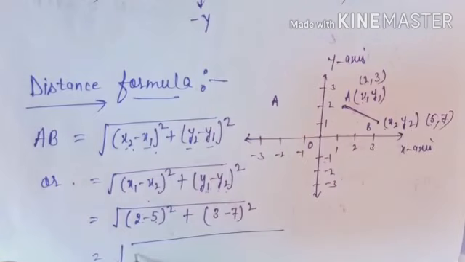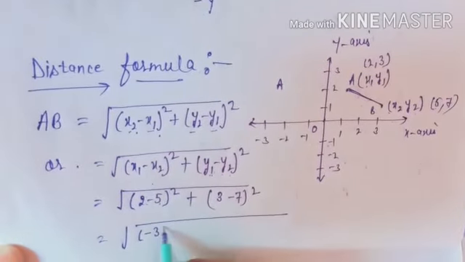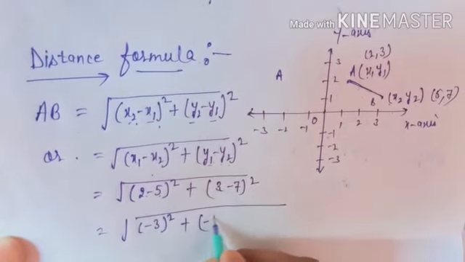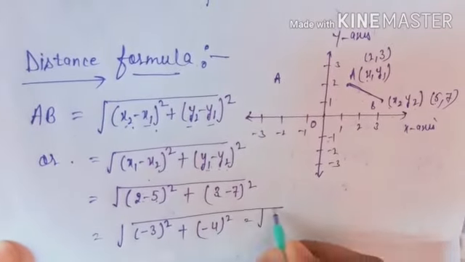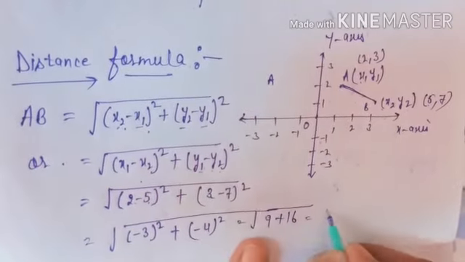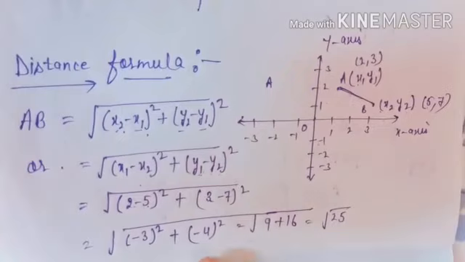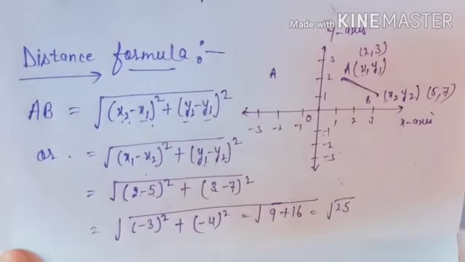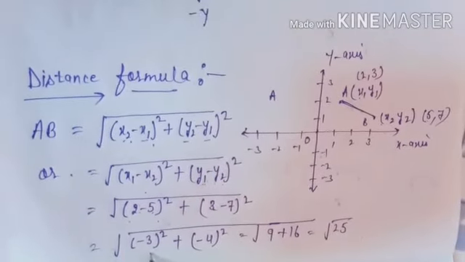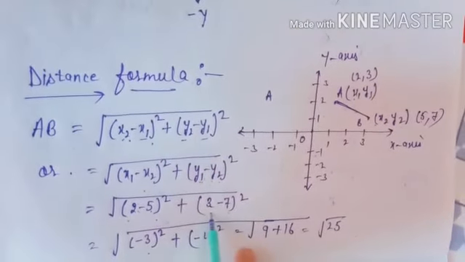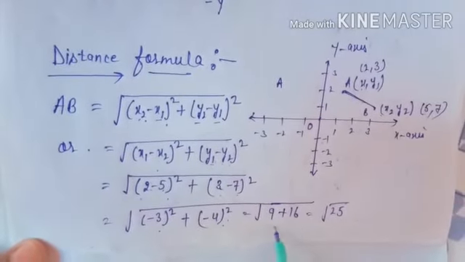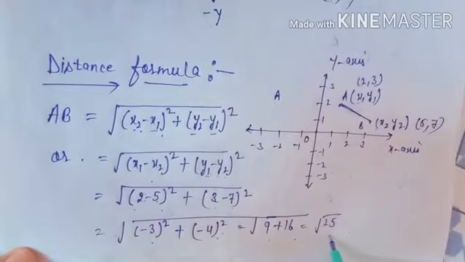You know very well, beta, 2 minus 5 is minus 3 whole square, plus 3 minus 7 is minus 4 whole square. It becomes 9 plus 16, which is 25. And you can solve this question in this way also: 5 minus 2 is 3, and 7 minus 3 is 4. Again you will get the same answer, that is 25.